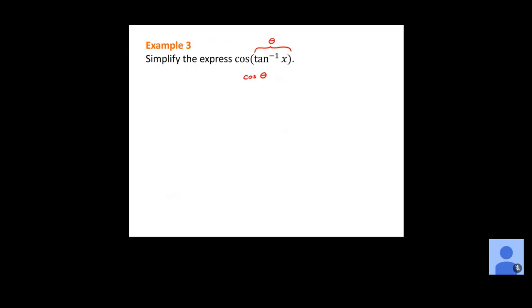So we're going to do the same thing we did. We're going to draw a right triangle here. We're going to put our theta value in our right triangle. But now we have to think about what we know about that right triangle this time. So if we're looking at arc tangent of x as our theta value, what information do we have about our triangle?